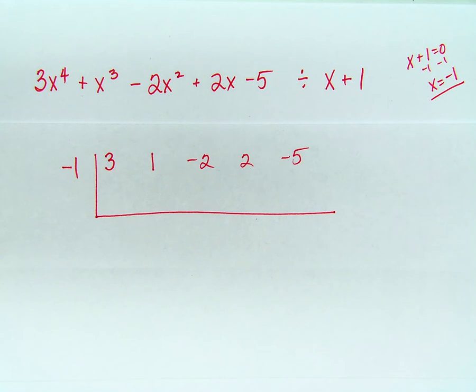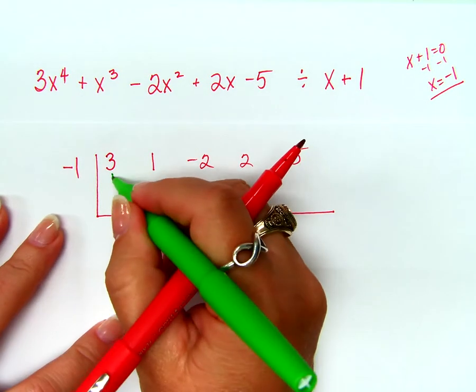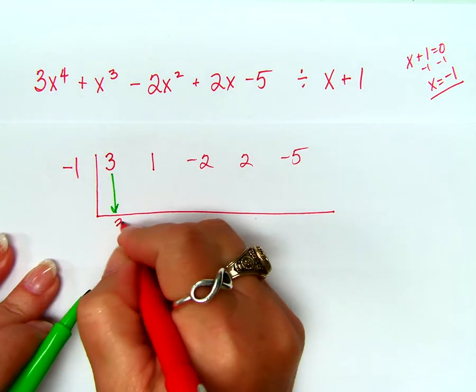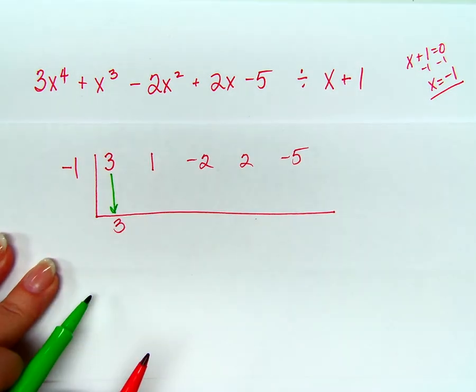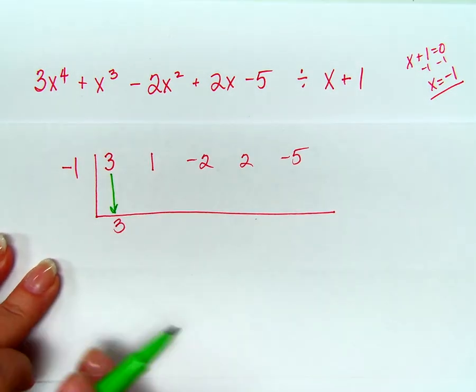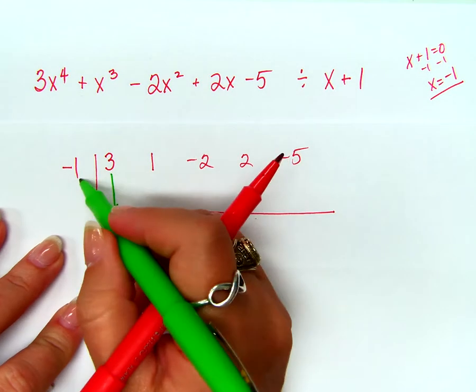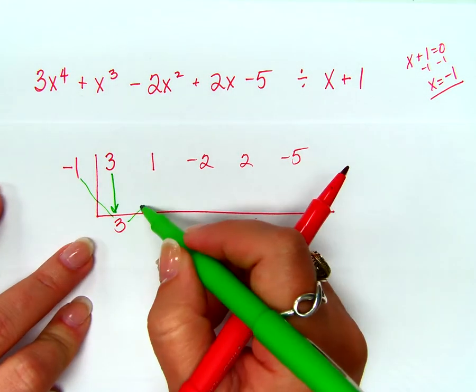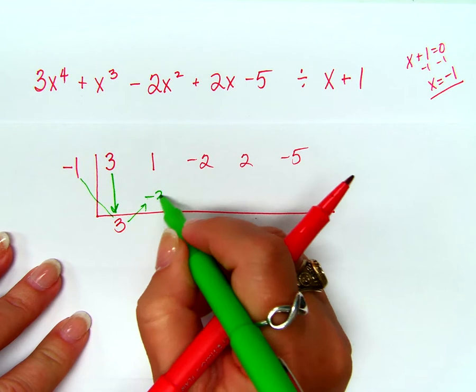Are you ready? Whatever the first number is, bring it down. Now, multiply. -3, write it right there. Add.